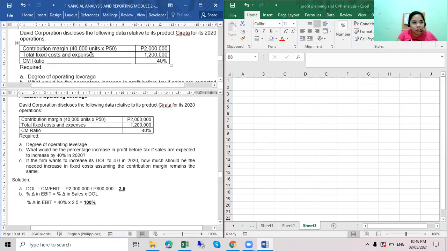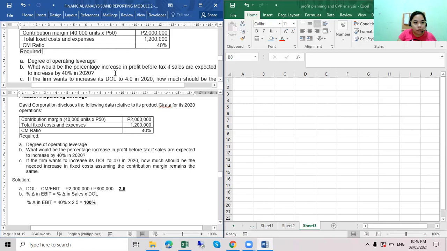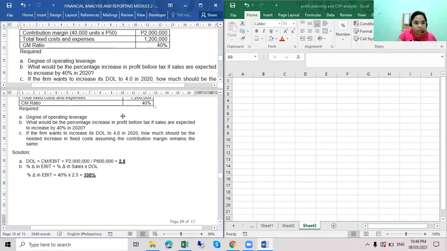The contribution margin is 40,000 units times 50, that's 2 million. Total fixed costs and expenses are 1.2 million and the CM ratio is 40%. This is somewhat like sensitivity analysis. We'll see.